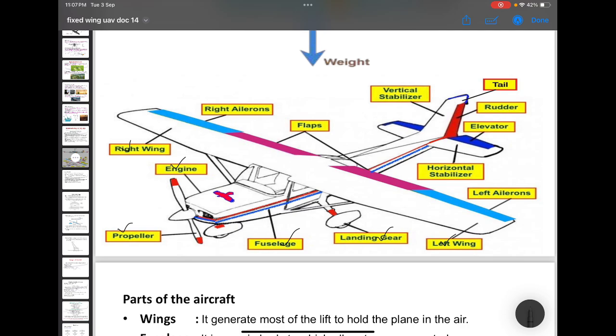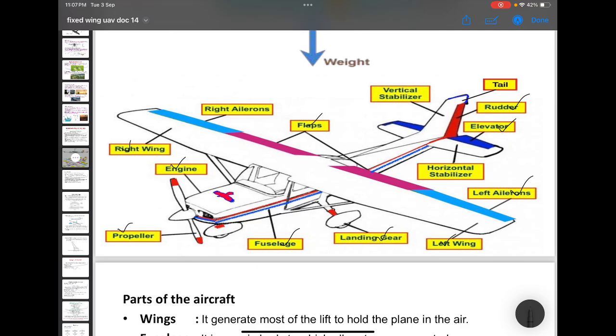These control surfaces are classified into two types. One is primary, another one is secondary. Primary control surfaces are ailerons, rudders and elevator. These are the primary control surfaces. Remaining we have secondary control surfaces: flaps, spoilers, slats. These all come under secondary control surfaces.